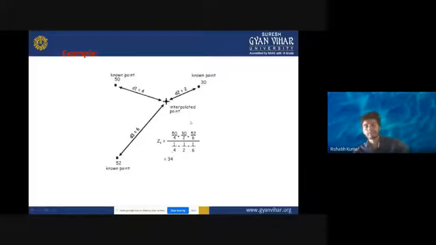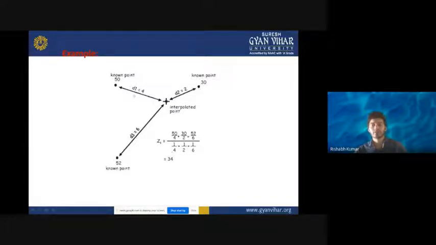So what do we do in the inverse distance weighting method? Firstly, we have to find out the distance of each measured point from the prediction location. These black dots, these round dots, are your measured points. So we have to find out the distance of each measured point from your prediction location.